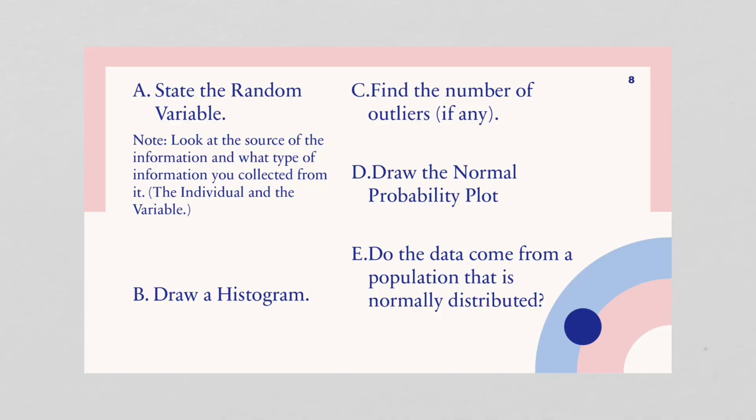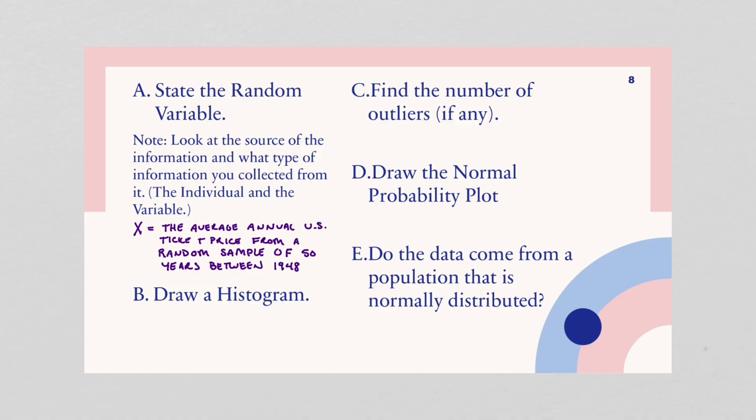Okay, so the first thing that we're going to do, we want to state the random variable. So with a random variable, we might call this x, and let's say that this is the average annual U.S. ticket price from a random sample of 50 years between 1948 and 2019.